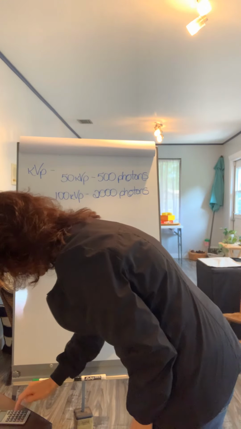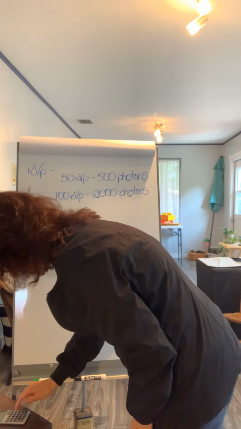The other thing we could do would be to decrease kVp by 15%. Well, I knew that 60 times 0.15 was 9, so now I subtract that from 60. So I could use 51 kVp at 2 mass.